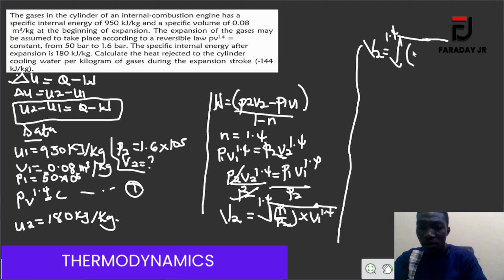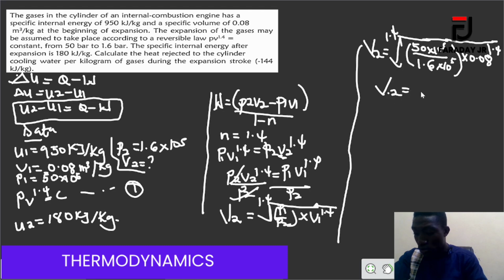Our P1 was 50 times 10 to the power of 5, our P2 was 1.6 times 10 to the power of 5, and our V1 was 0.08 exponent 1.4. So we have V2 equal to 0.935 meter cube per kg.